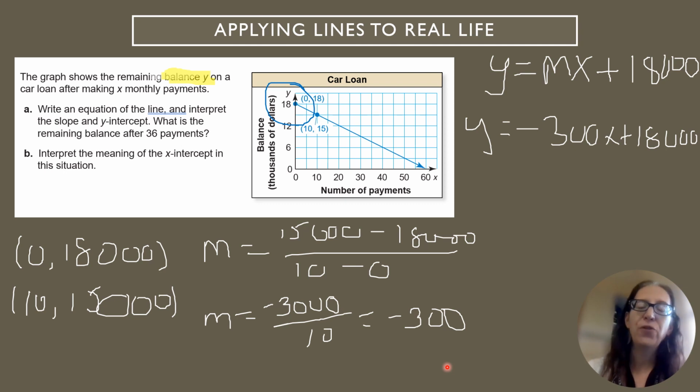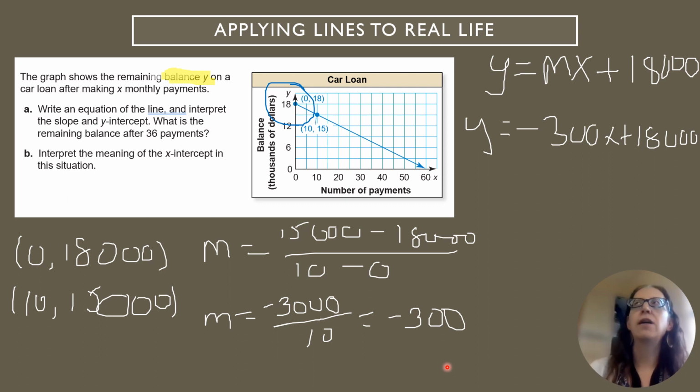Okay, so hopefully you have an idea. The fact that it's negative means that the balance is decreasing, because the slope is going down, and 300 is the amount of dollars that you're taking off the balance every month. So every month, your balance decreases by $300.